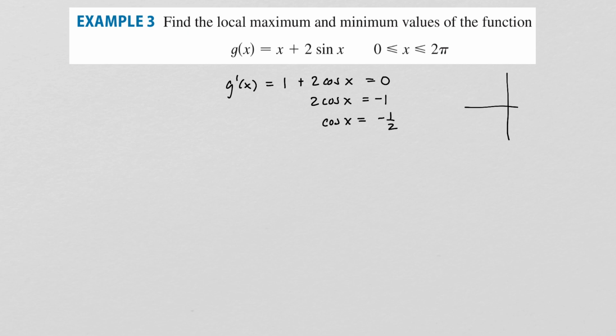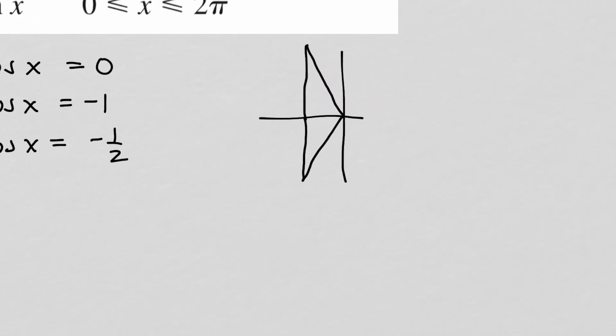So if cosine is negative, we know that that happens in the second quadrant and also in the third quadrant. And I like to make a little reference triangle here. And cosine we know is the adjacent side over the hypotenuse. So I will represent that by putting negative 1 over positive 2 in both triangles.